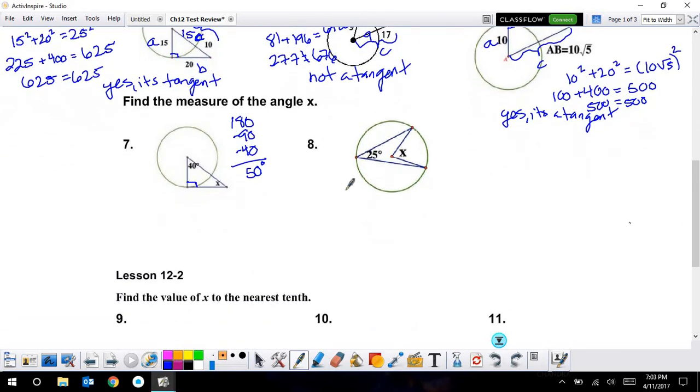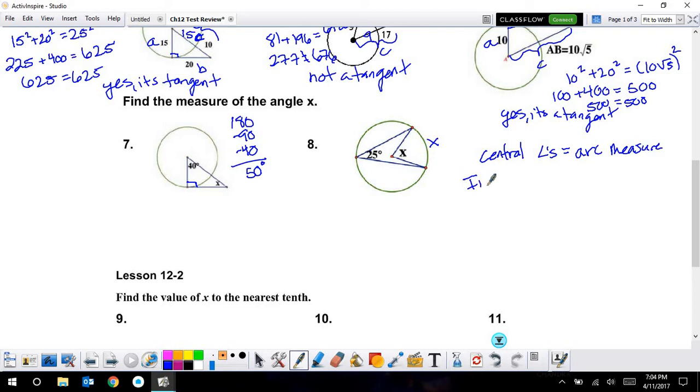The last little question here for number 8. So we dealt with central angles. What's special about central angles is that they equal the arc measure. So basically this central angle of x is equal to that arc measure of x.